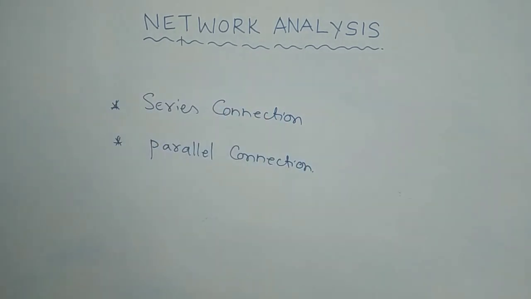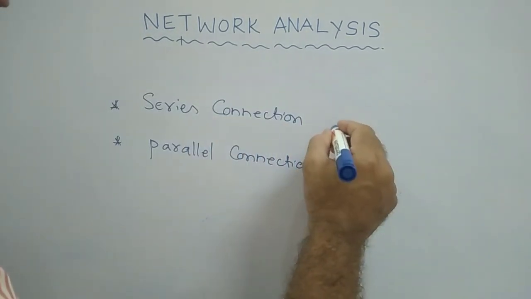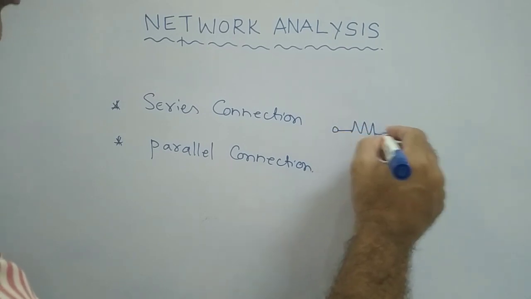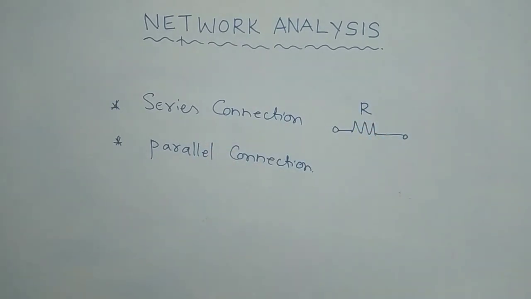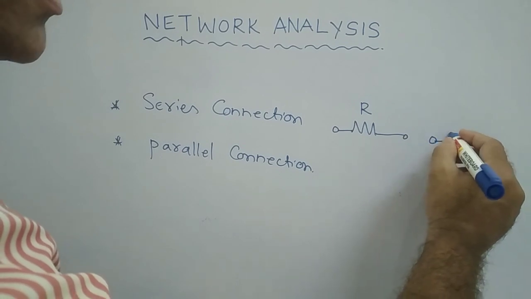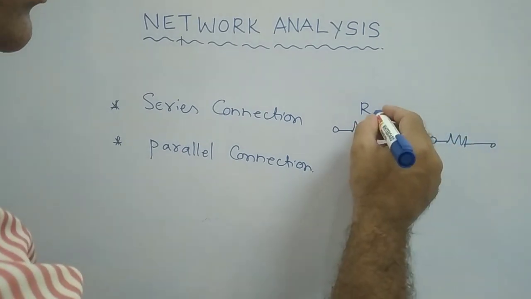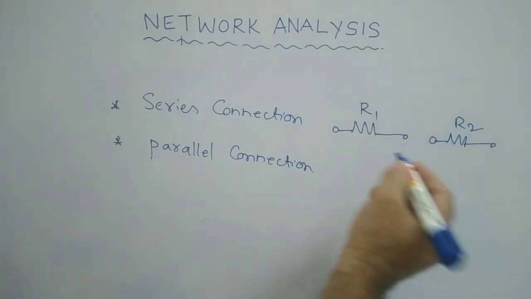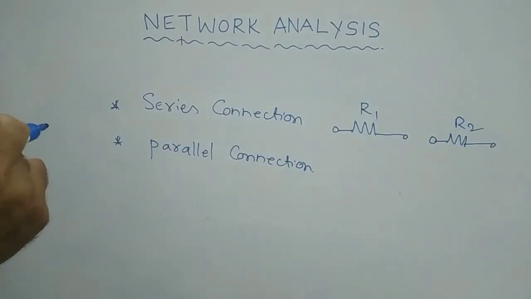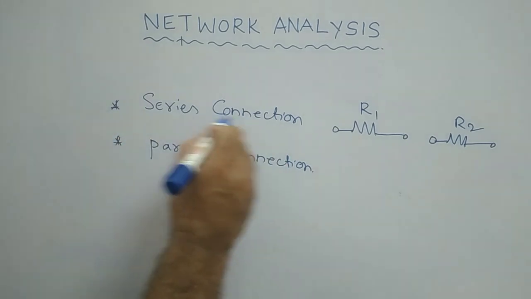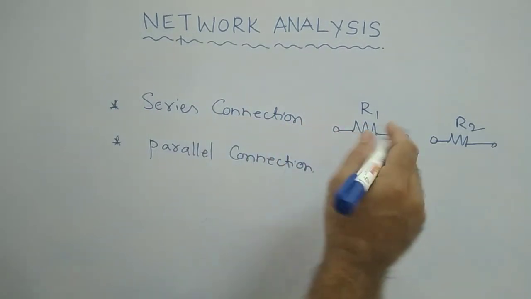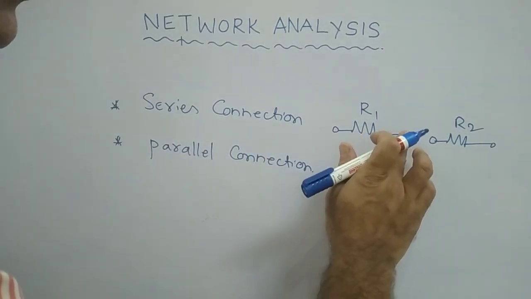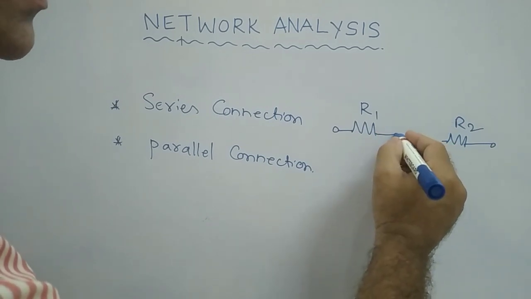So in the series connection, the resistance is denoted by the symbol like this. This is the simple representation of a resistor R. Let us say there are two resistances, R1 and R2. If these two resistances are connected in series, it is very simple actually. Both resistors will be connected like this.